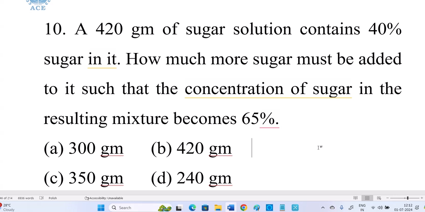So what's your answer? 300 grams is the answer one of your friends gave.